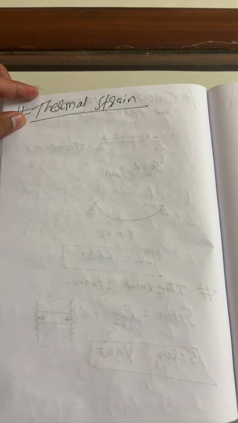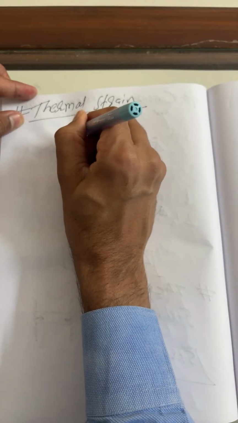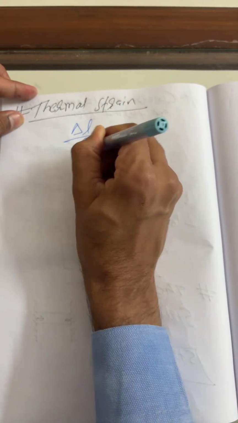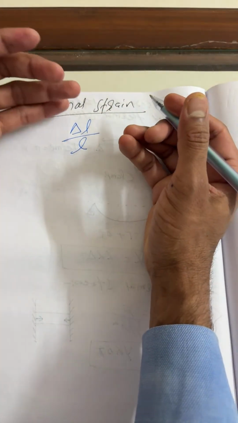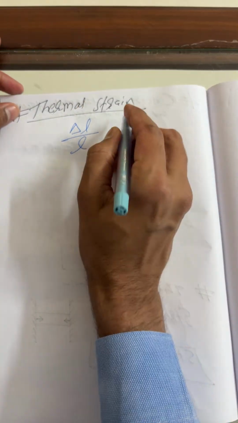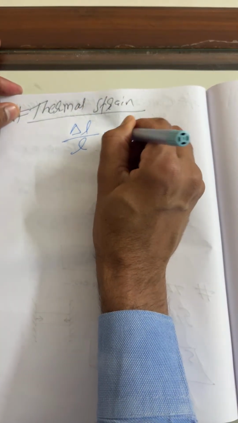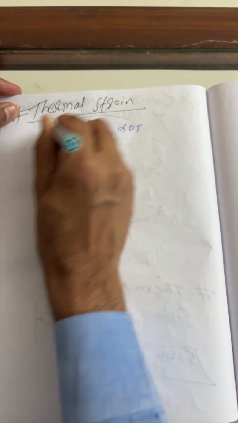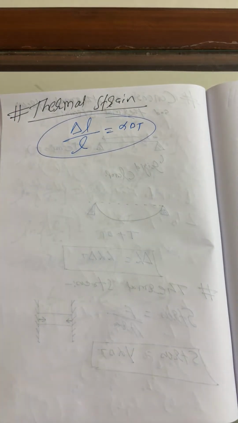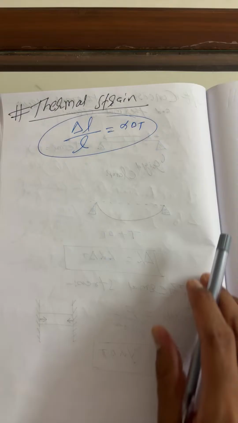It is already proved multiple times: delta L upon L. Thermal strain, or strain, is change in length upon original length. So this is equal to alpha into delta T.